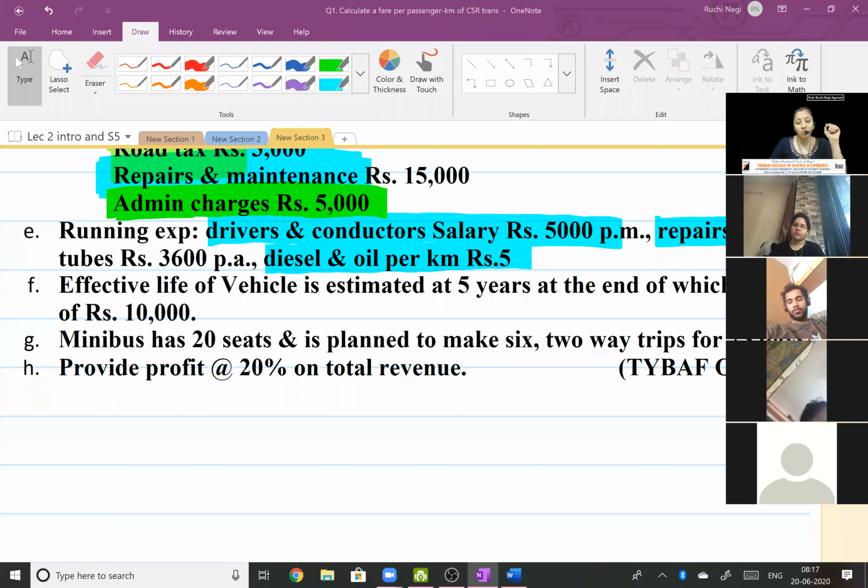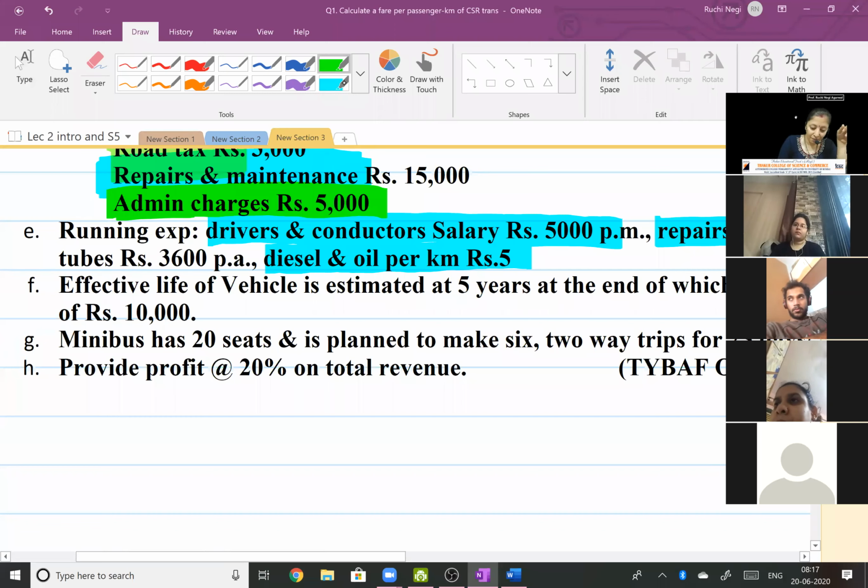What did I tell you, students? When is depreciation variable in CAS 5? It is variable only on one condition, if the life of the asset is in kilometers run. So where is the life of the asset given in kilometers run? It's not given in kilometers run, so it is a fixed cost.